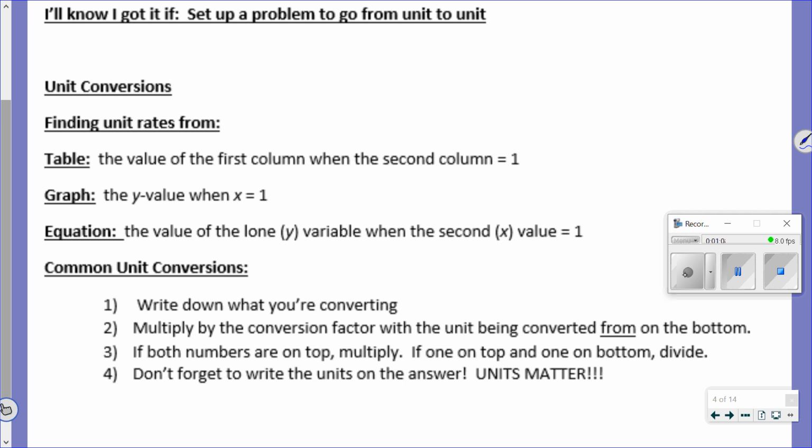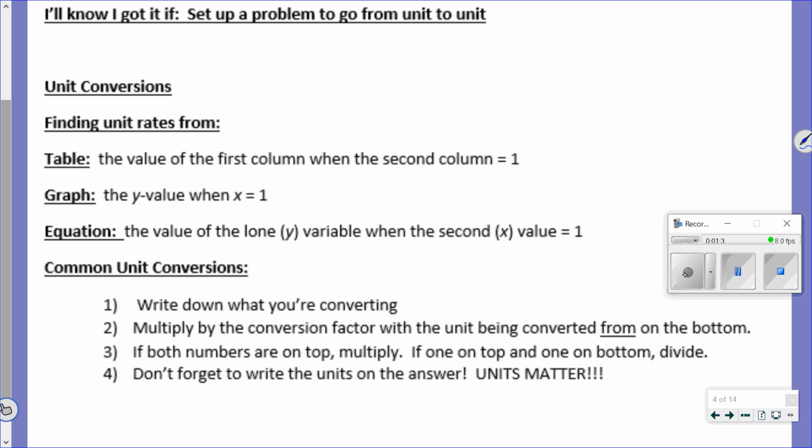That's my unit rate. If it's an equation, it's the value of my lone variable, the y, when I put 1 in on the other side. So whatever I multiply the other side by, when I multiply by 1, gives me the unit rate. We'll do some examples to help them make more sense, but that's just your quick reference.